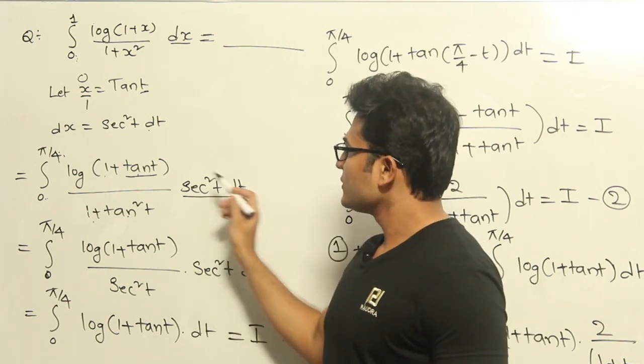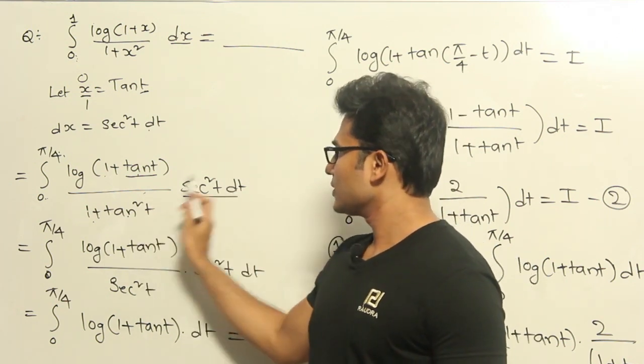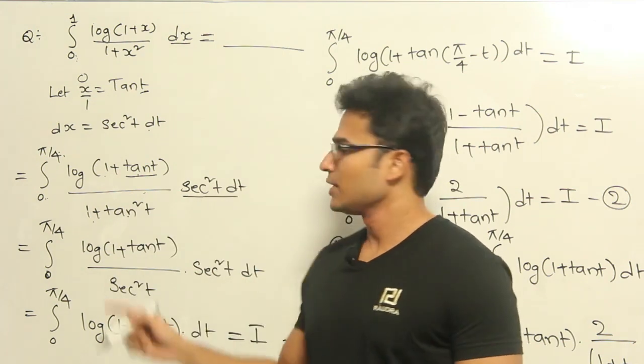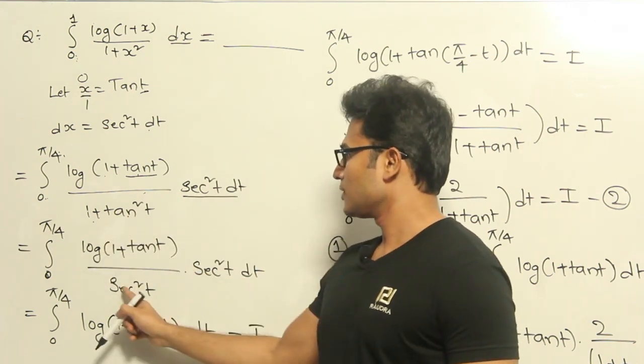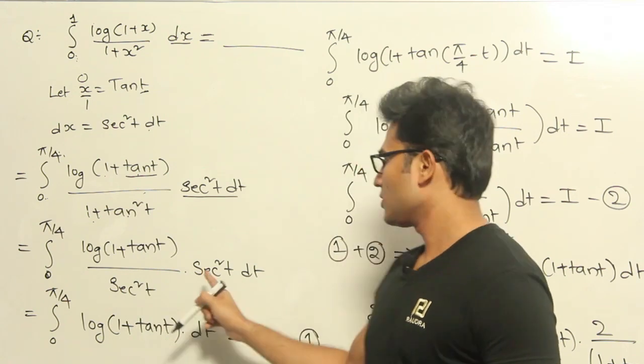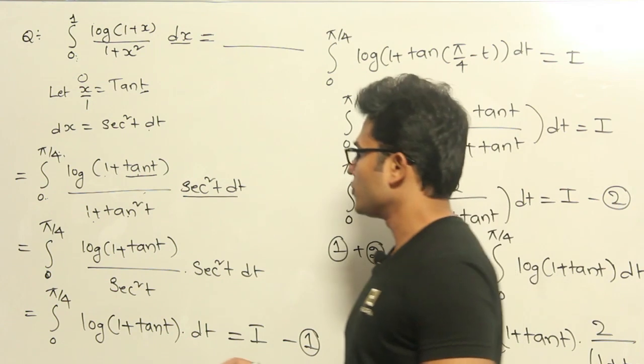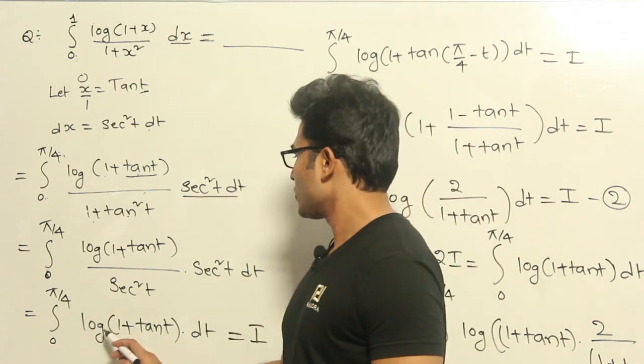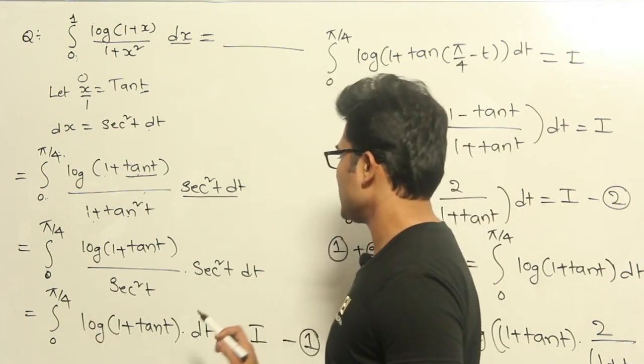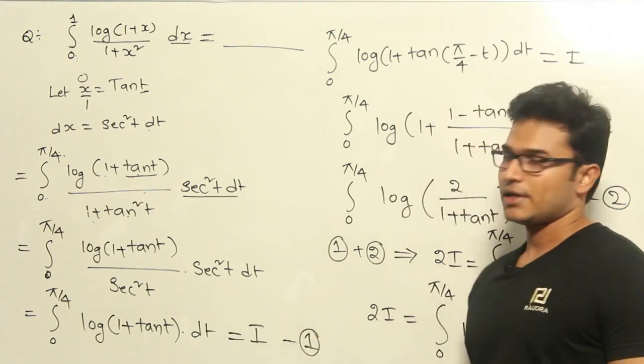The reason we substituted is that these will get cancelled. 1 plus tan squared t is nothing but secant squared t, and here also we got secant squared t, so these two factors will get cancelled. Now what do we get? Integral 0 to pi by 4 log(1 plus tan t) dt. Let's call it I.